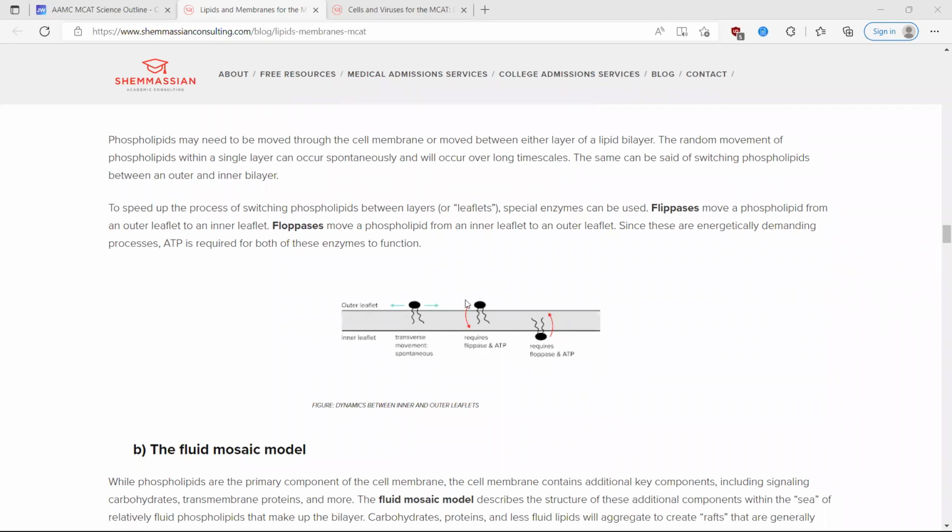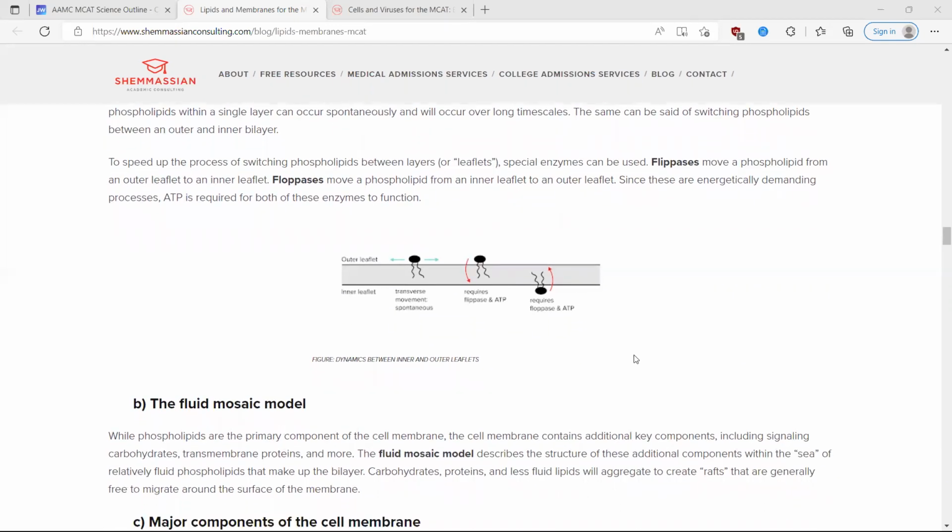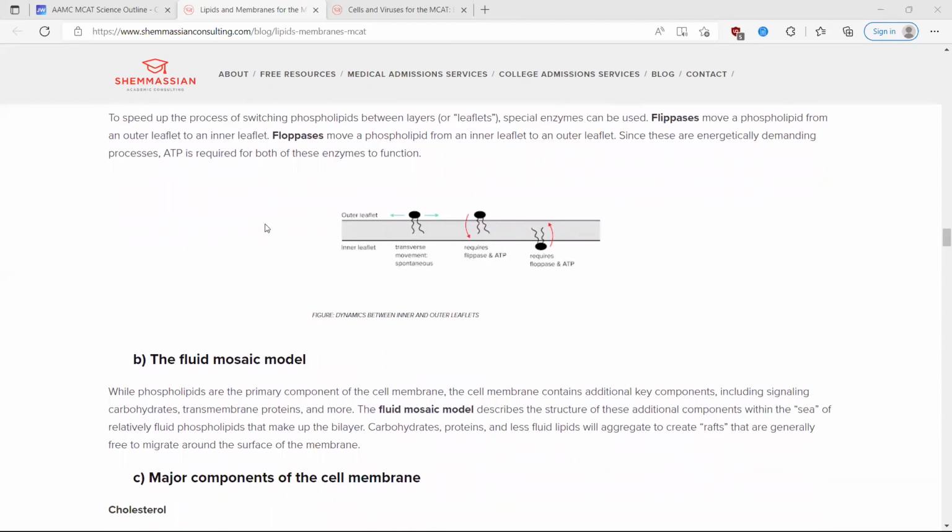So movement left and right happens all the time. It's just moving around like water. A flip base can flip it from the outer side to the inner side, and a flop base can flip it from the inner side to the outer side. Those are very aptly named: flip and flop. And you need ATP to do that.